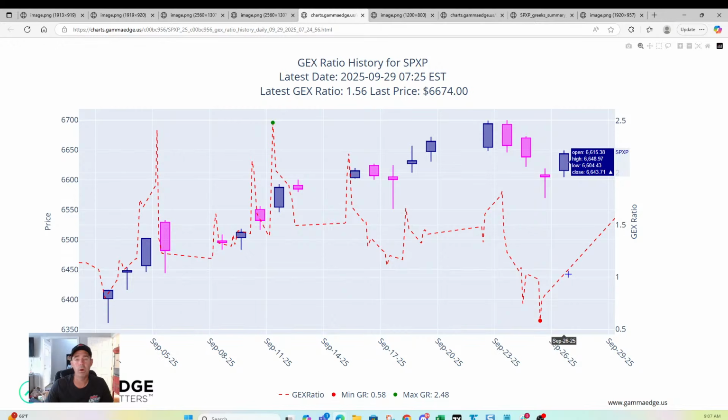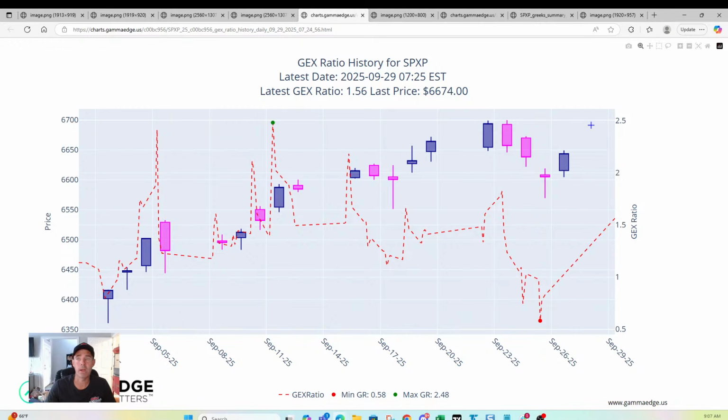Now we're back above 1, which gives an edge to the bulls. That is more towards a call-dominated structure, and we have an ascending or positive slope in the overall GEX ratio. So again, we have had a significant amount of short-dated call gamma come into the complex the past 2 days, from the 26th to the 29th heading into today. So again, we'll watch this. Obviously, we want to see the same moving to the upside in the SPXP.